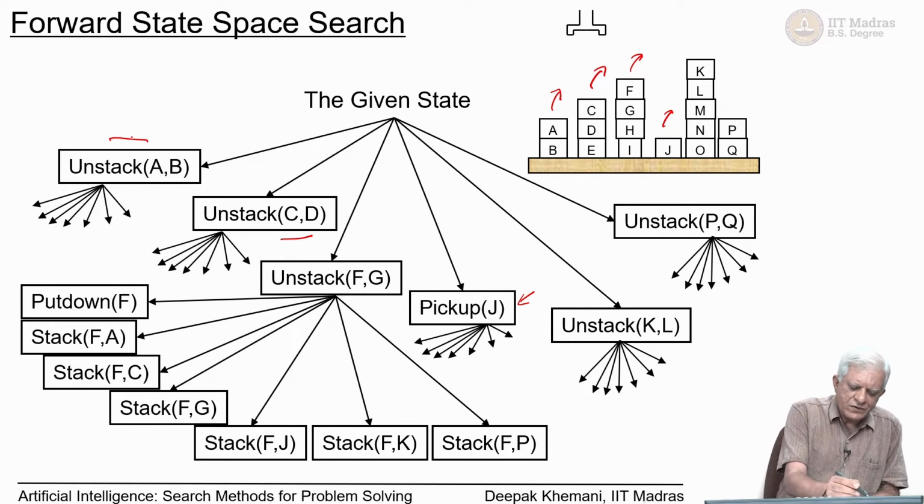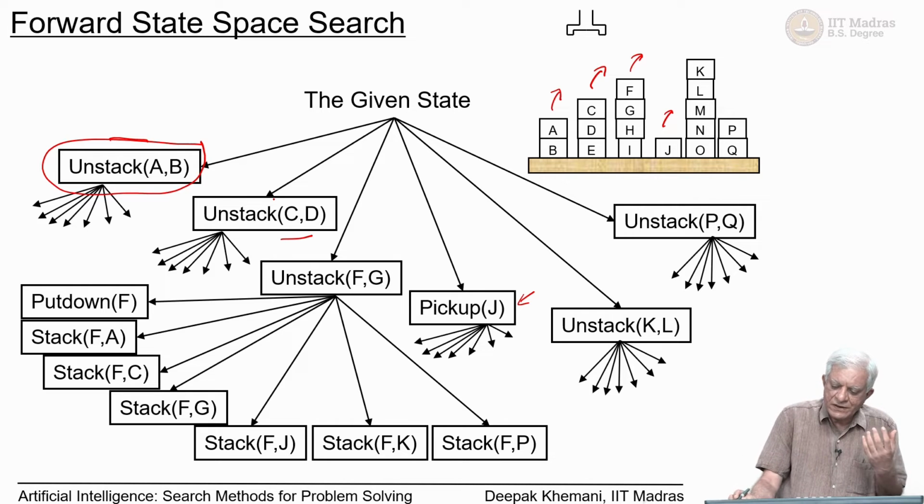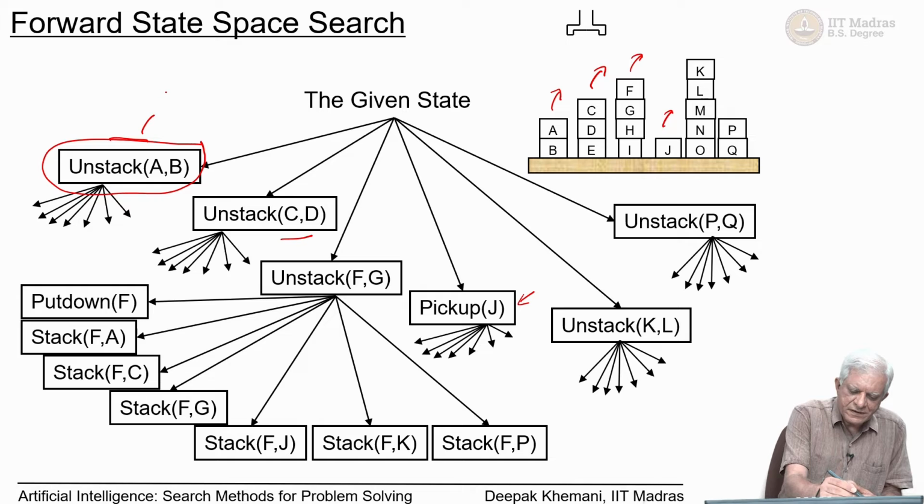So, for example, if you were to pick this action unstack A from B, which is an applicable action, then from that state you will be holding A essentially. Supposing with that, then what would the state look like?